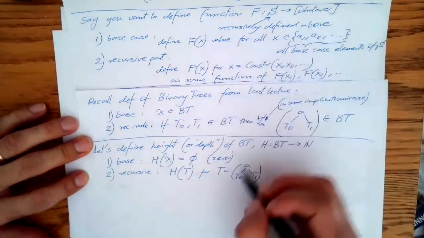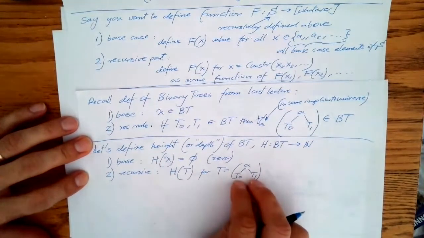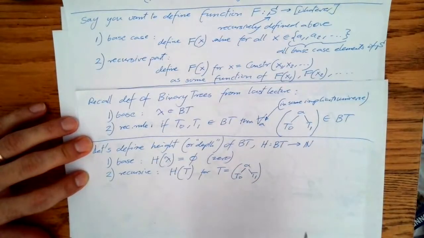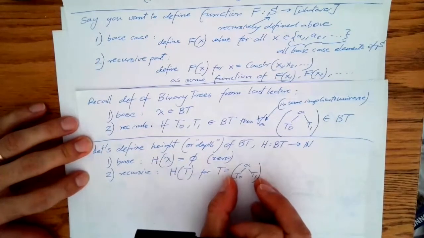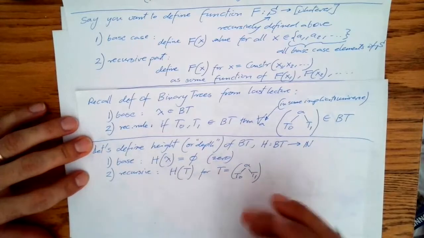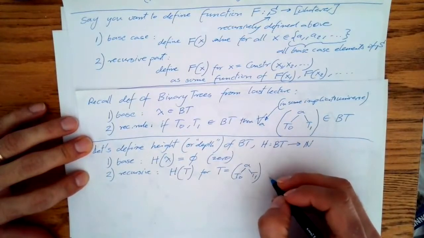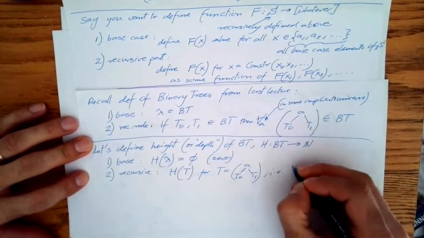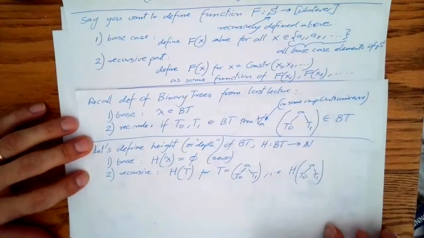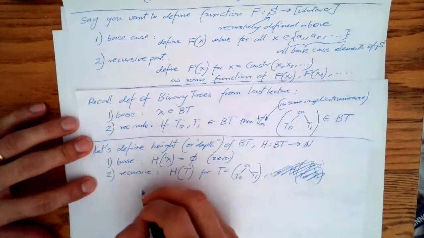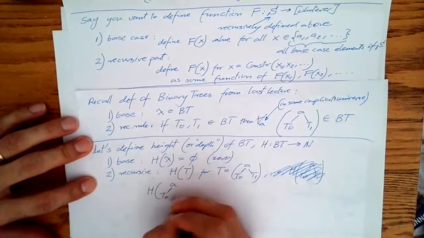The only construction is this one: the function that took 2 trees, t0, t1, had some constant a, was indexed by a constant a, and created this object. So I have to define h of this object.